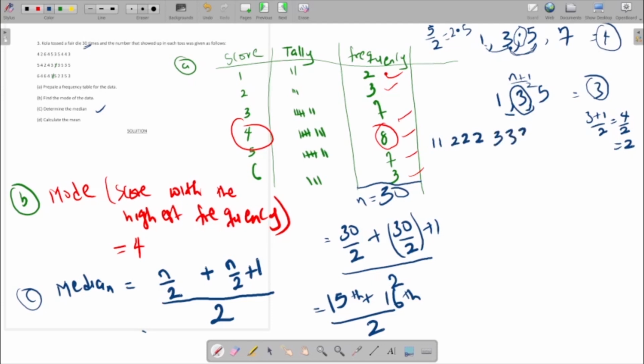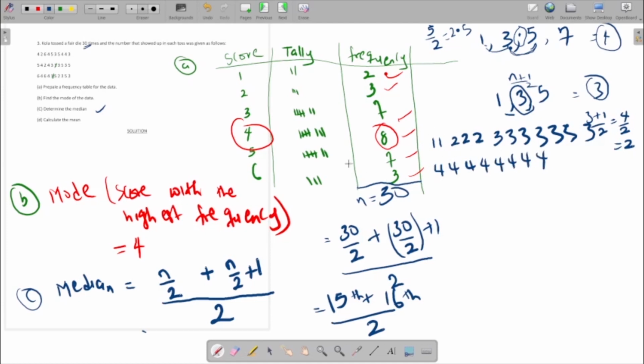1, 2, 3, 4, 5, 6, 7. We have 4 in 8 places: 1, 2, 3, 4, 5, 6, 7, 8.